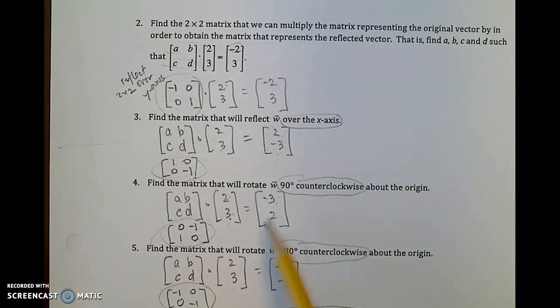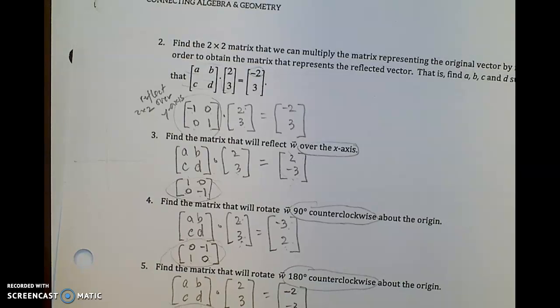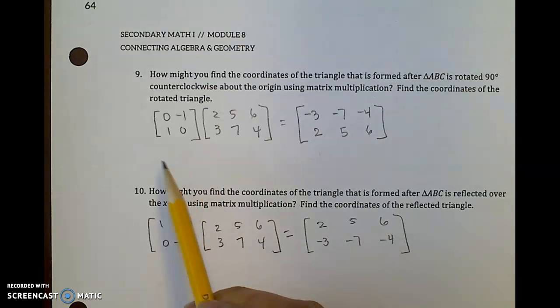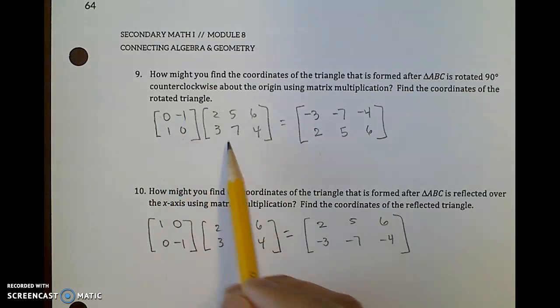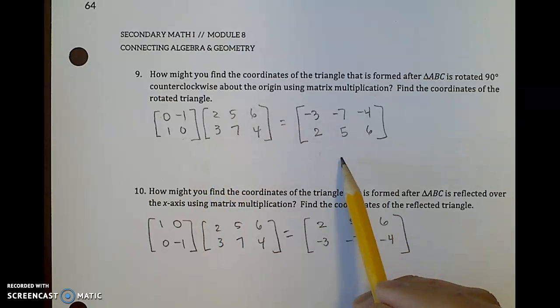From the earlier part of the task, for that 90 degree counterclockwise rotation we came up with the matrix 0, negative 1, 1, 0, which got us the W matrix rotated counterclockwise 90 degrees. So we're going to use that same matrix, 0, negative 1, 1, 0, to multiply by the triangle matrix. And as an end result, we get this matrix right here.